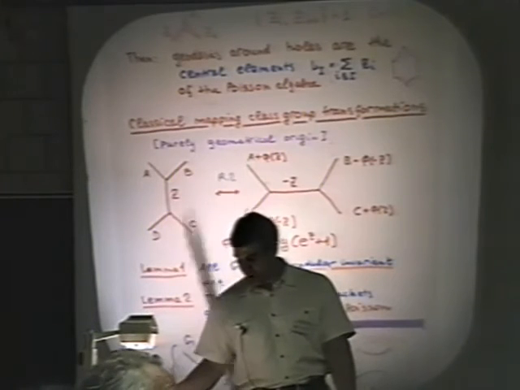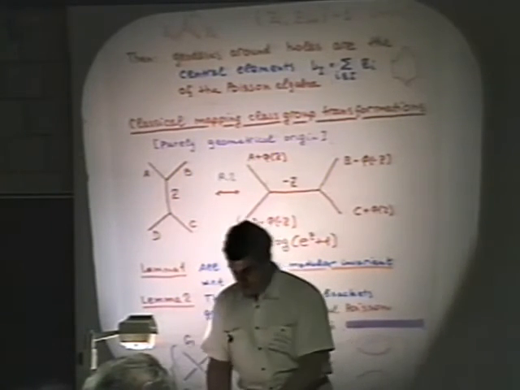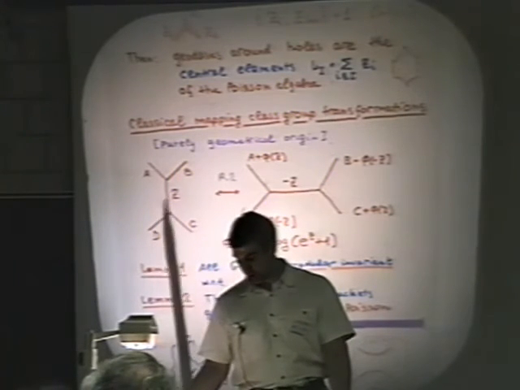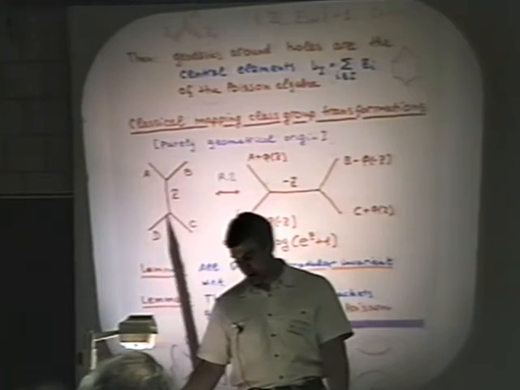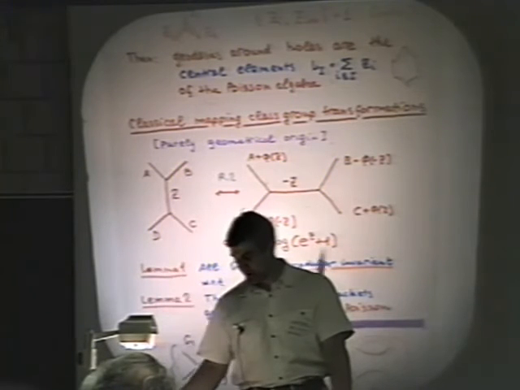The next step is the classical mapping class group transformation. And this comes like that. In terms of zeta parameters, A, B, C, D stand for zetas corresponding to these neighbor edges.